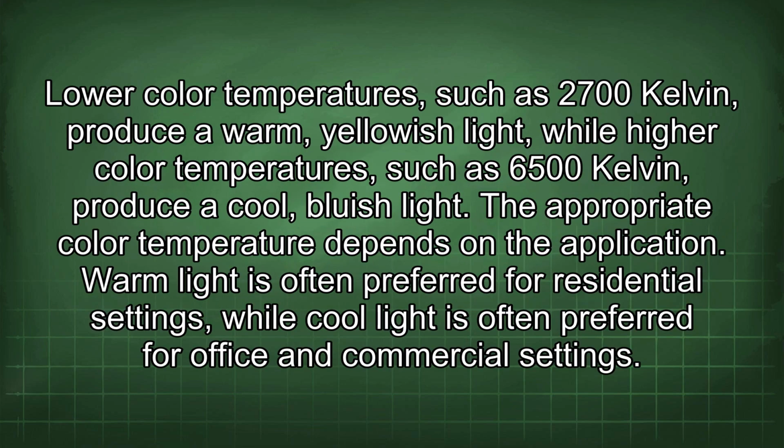Lower color temperatures, such as 2700 Kelvin, produce a warm, yellowish light, while higher color temperatures, such as 6500 Kelvin, produce a cool, bluish light. The appropriate color temperature depends on the application.